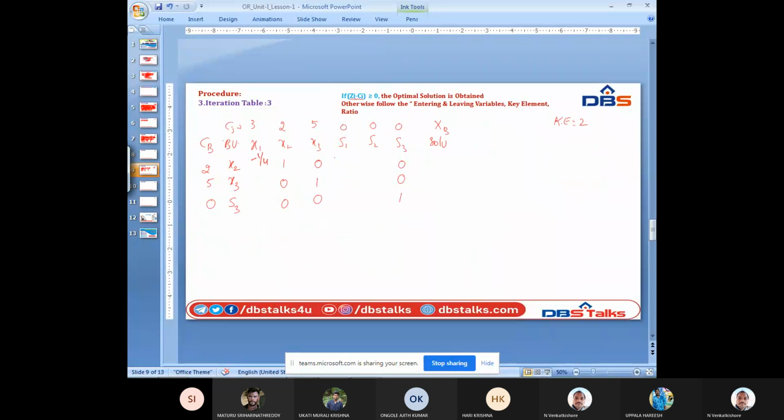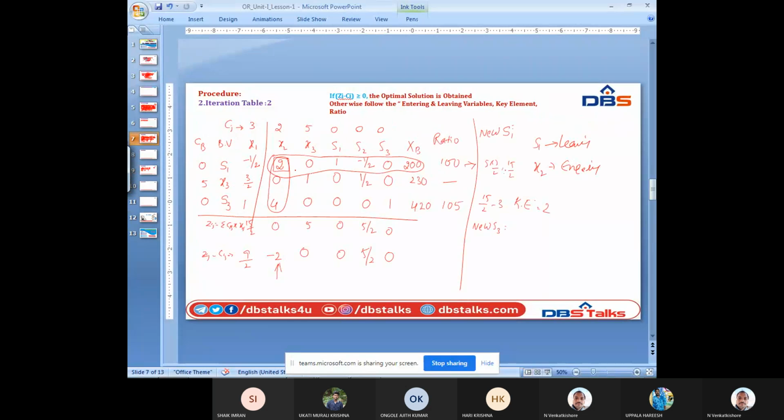-1 by 4, 2 by 2, 0, 0, then solution is also changed to 100. Then again x3, new x3 is having the x3 as 0 1, but by default x3 as 1.